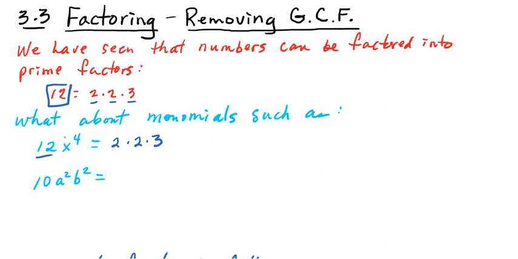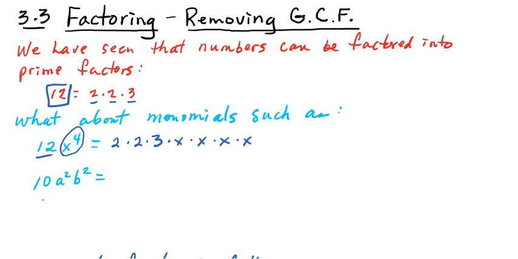What does that mean? Can anyone tell me? Yeah? X times x times x times x. That is exactly true. So if we showed that, each x would be a prime factor of x to the fourth. So this is how we could prime factorize 12x to the fourth.